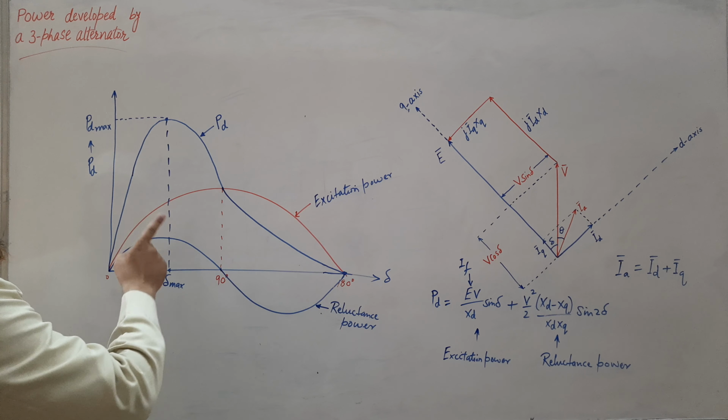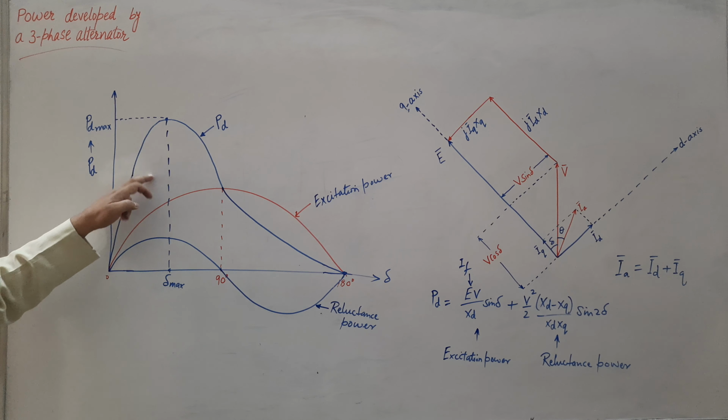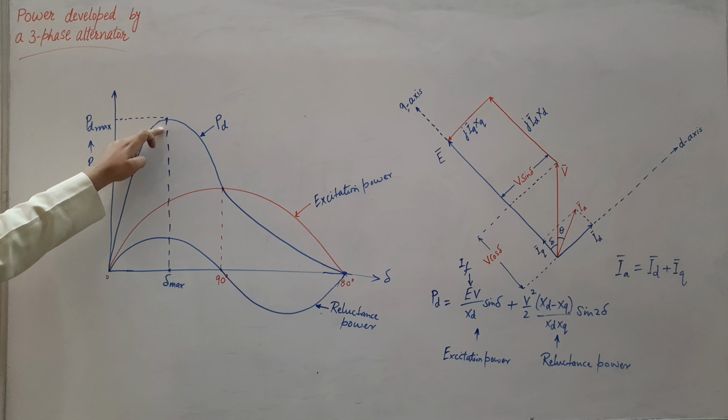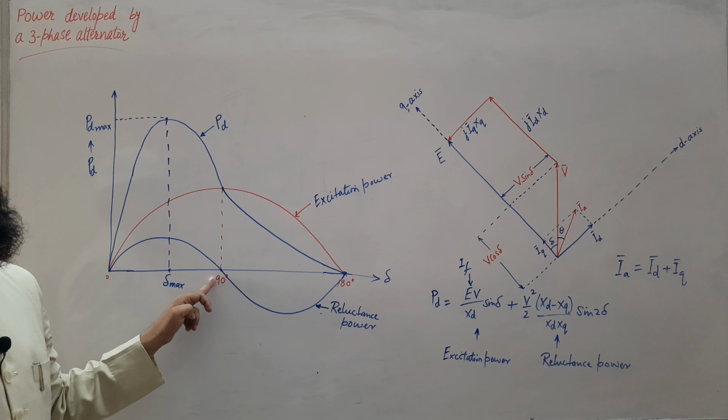So this curve is giving its peak, that is the peak of developed power, even higher than this, which is not practically possible.